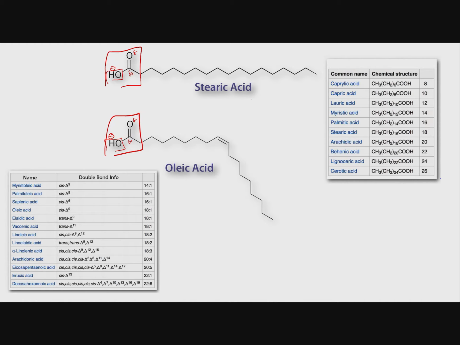Long hydrocarbon tail as well. Now, fatty acids with hydrocarbon tails that lack any double bonds are classified as saturated. You might remember that. That's because every carbon has the maximum number of hydrogens, and those with one or more double bonds in their tails are known as unsaturated. The effect of the double bond on a fatty acid is actually to introduce a kink or a bend.